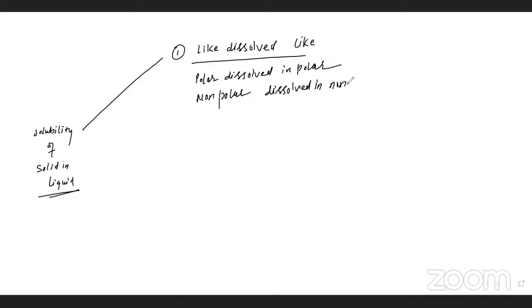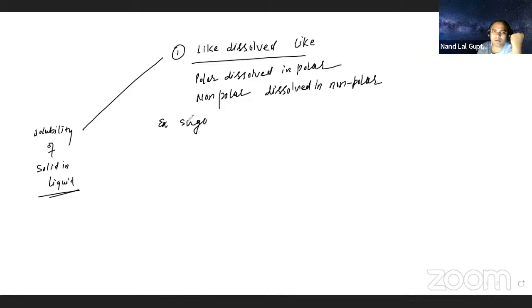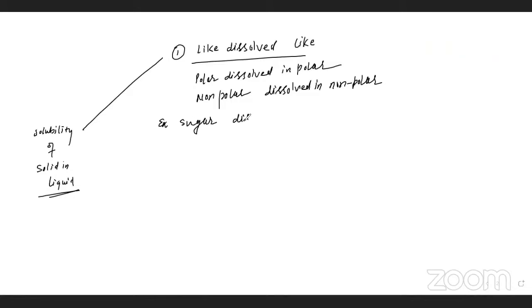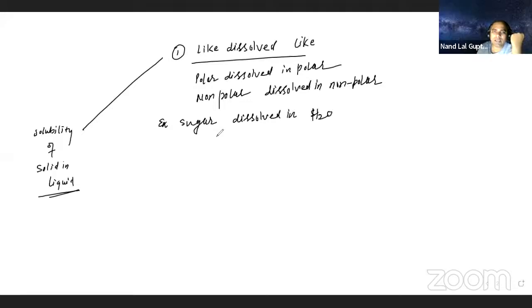So that means the polar compounds will dissolve in polar solvents only. For example, sir, naphthalene and anthracene are non-polar molecules, so they will not dissolve in water. Okay. So here they are saying sugar dissolves in water. What rule is being applied here?